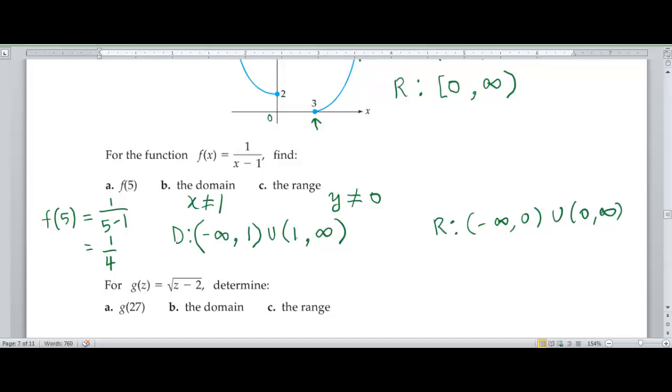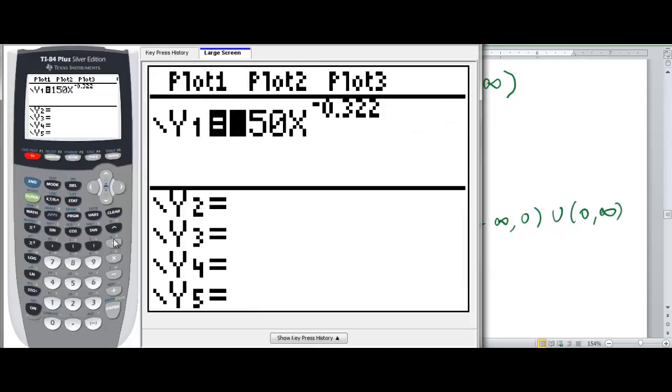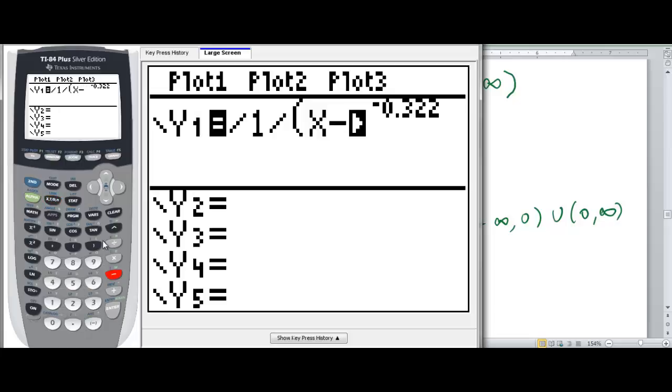And then you can also graph this on your calculator and check. Let's do that. Y equals 1 divided by x minus 1. And I want to delete everything else.